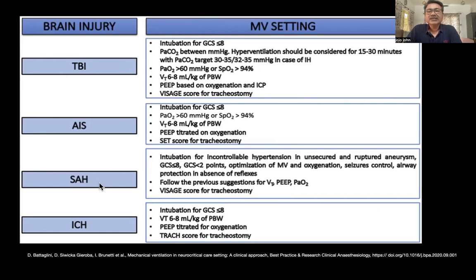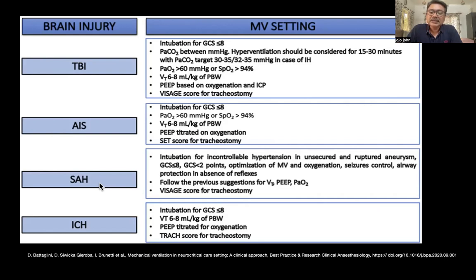Whereas for subarachnoid hemorrhage, initially your priority is actually to have the BP on the lower side to prevent a rebleeding. And even after the aneurysm is secured, the hemodynamic target in them is not a raised BP, because in these patients, we are more concerned about delayed ischemic deficits, and to actually pick that up early, we tend to keep them on minimal sedation so that sensorium can be assessed.